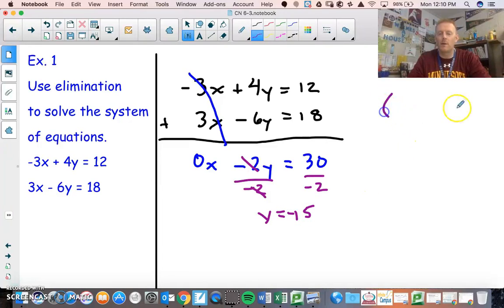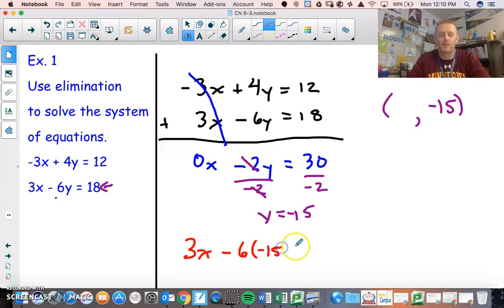So in my ordered pair answer, I have x that we have not figured out yet, and y is negative 15. Now we can choose either one of these two equations to plug y equals negative 15 into. I'm going to choose this one just because it looks like a fun one to do. So I have 3x minus 6 times the y that we figured out, negative 15, is equal to 18.